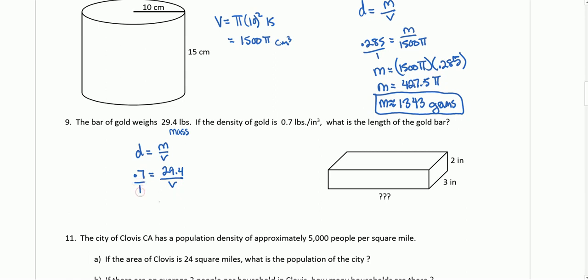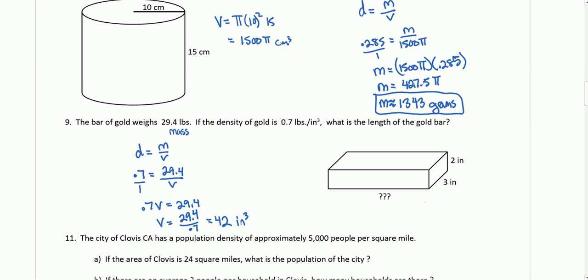I'm going to cross multiply here, and I get 0.7 times the volume is 29.4. I'm going to divide by 0.7 and get 29.4 divided by 0.7. Use my calculator to get 42. We're looking at cubic inches.